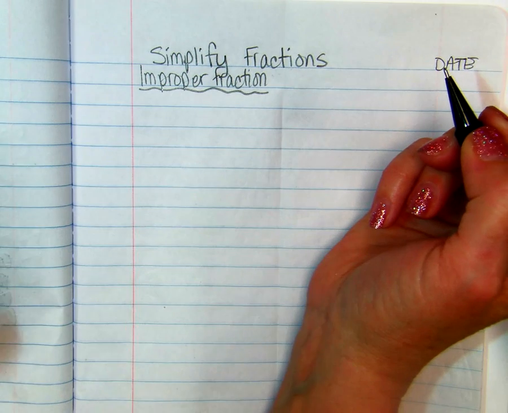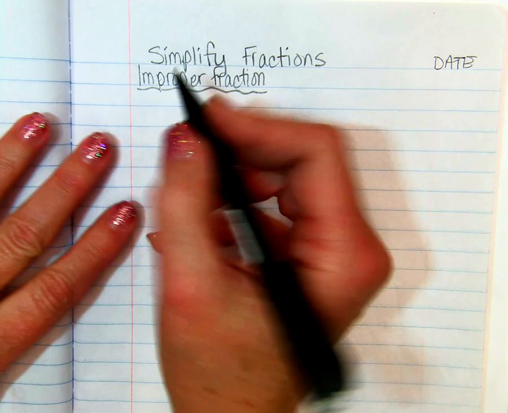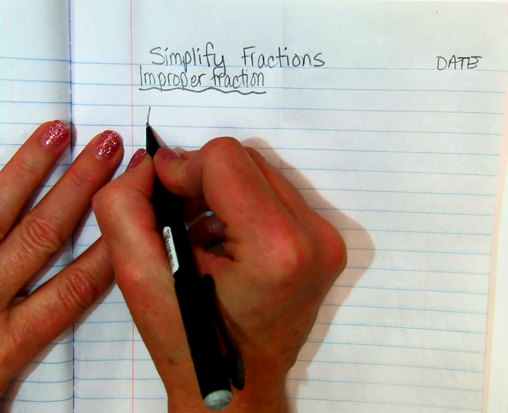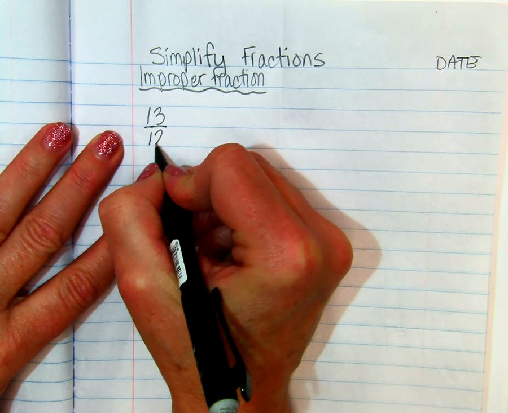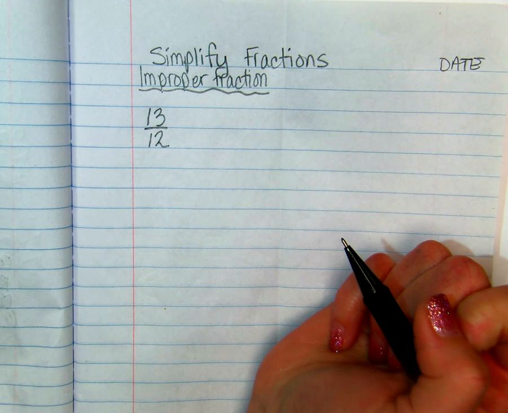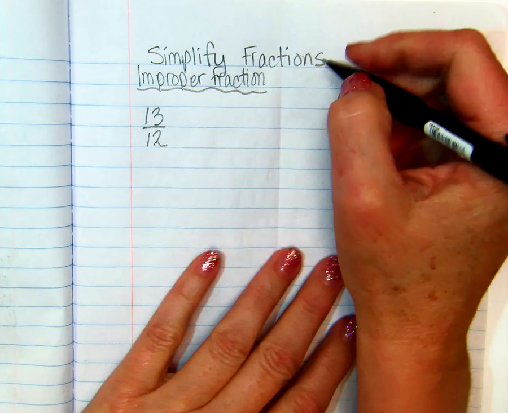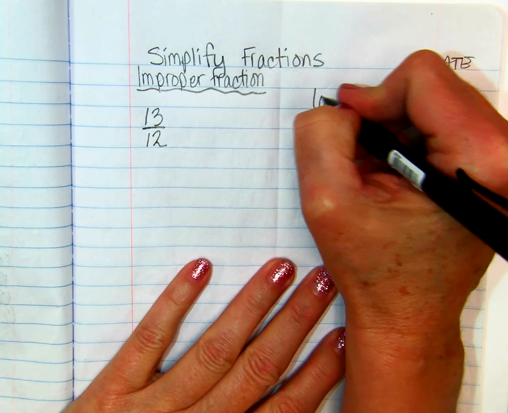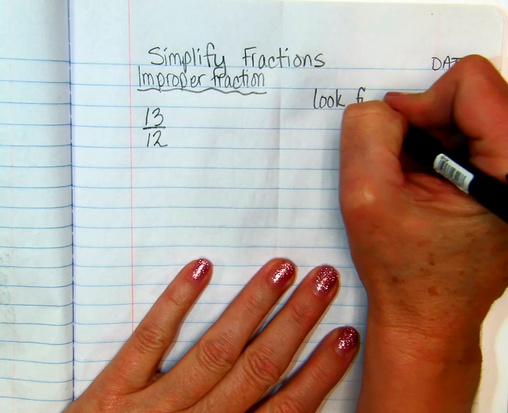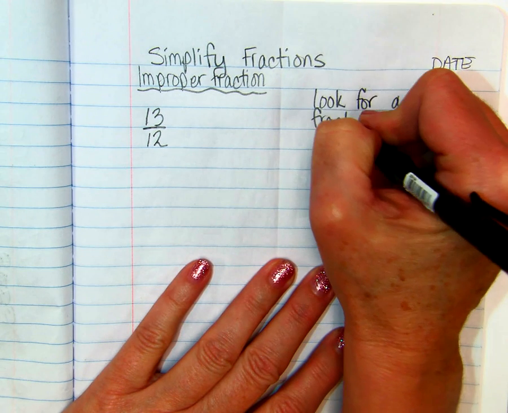If we have an improper fraction, such as 13/12, one way we can simplify is to look for a fractional one. So let's make that note. Look for a fractional one.